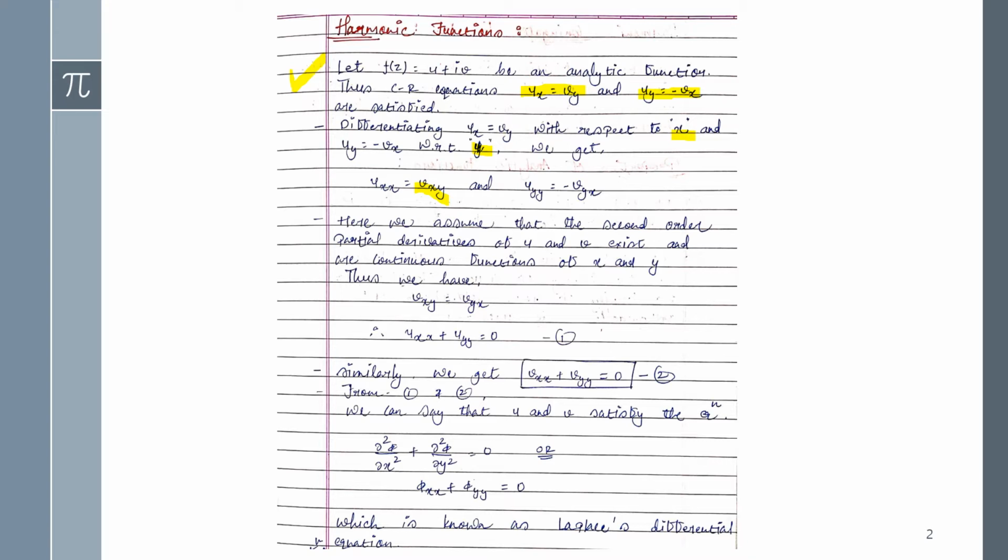We can compare both sides, because if you differentiate v with respect to y and then with respect to x, or first with respect to x and then with respect to y, the answer will always be the same.